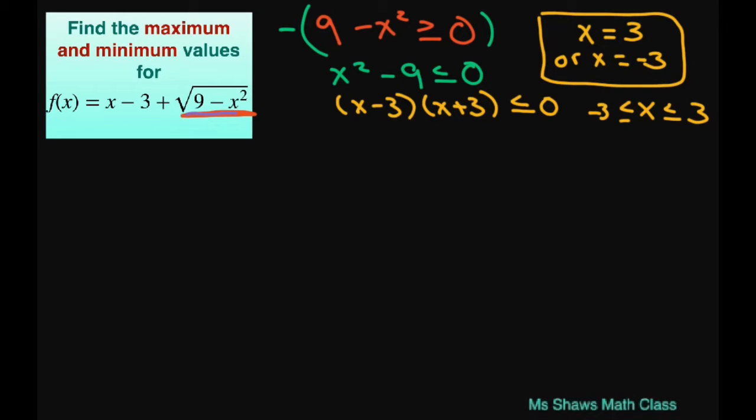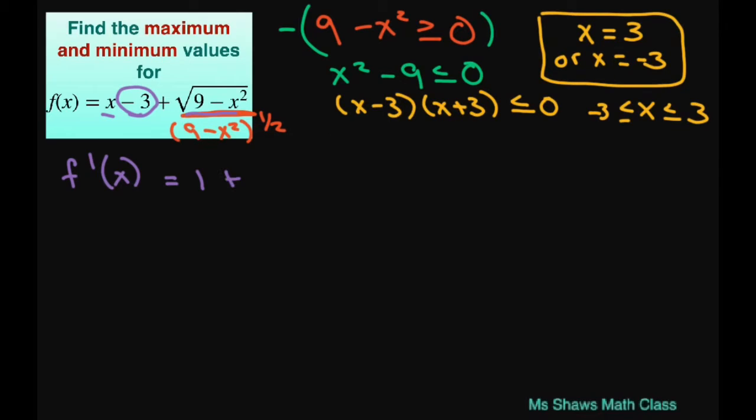So now let's go ahead and differentiate our function. f prime of x can be written here with 9 minus x squared to the power of 1/2. So when we do the derivative, the derivative of x is 1, and the derivative of 3 is just 0.